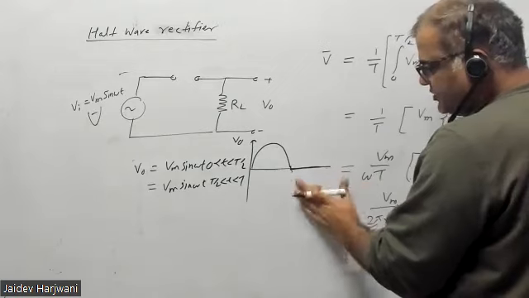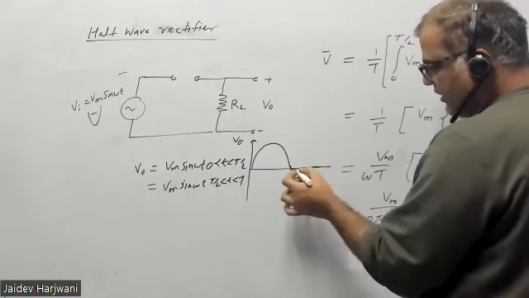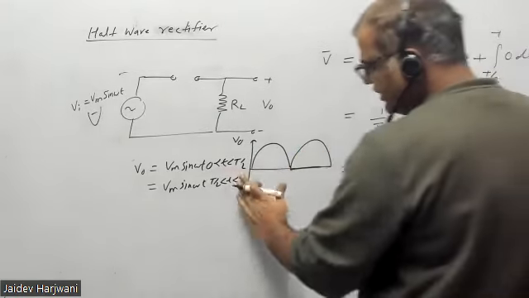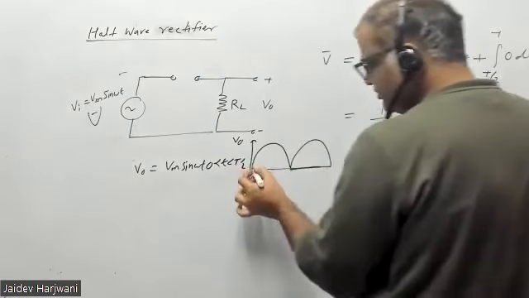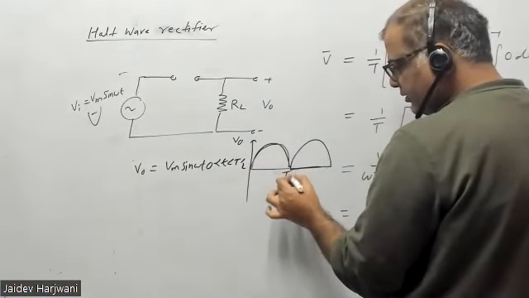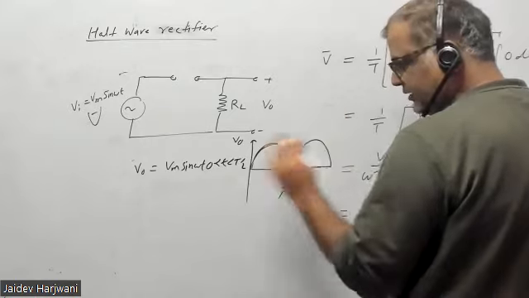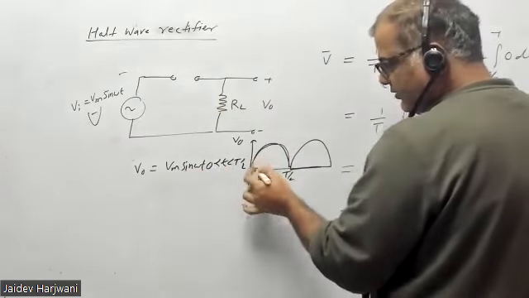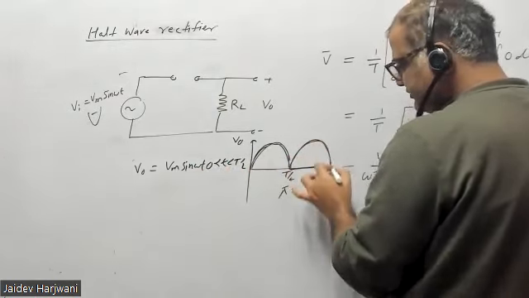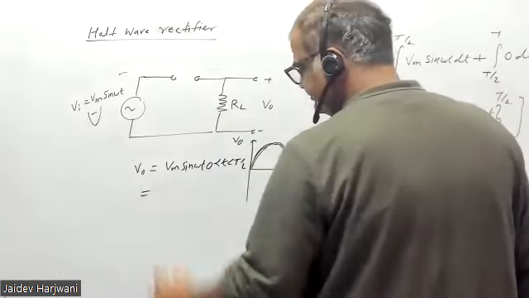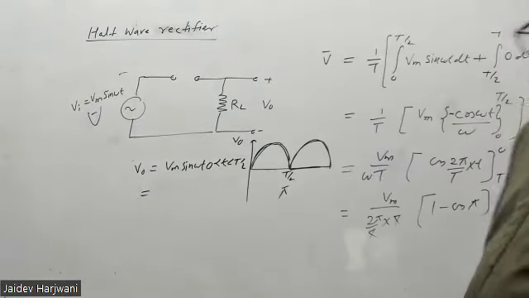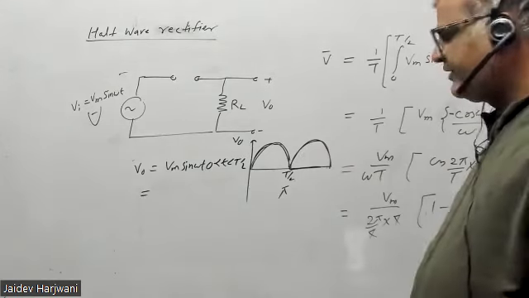Now suppose instead of this one, my output is like this. Then what should I write here? This is your sine wave up to T by 2 or up to pi, which is perfectly fine. For this other part, what should I write? Is it minus or plus?